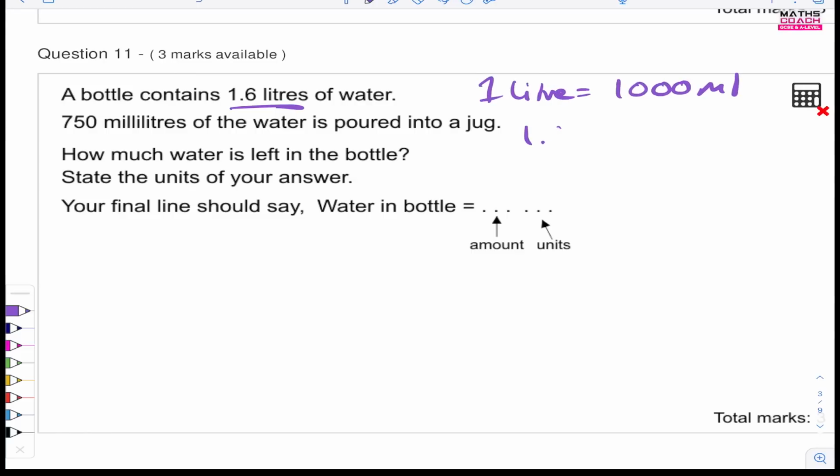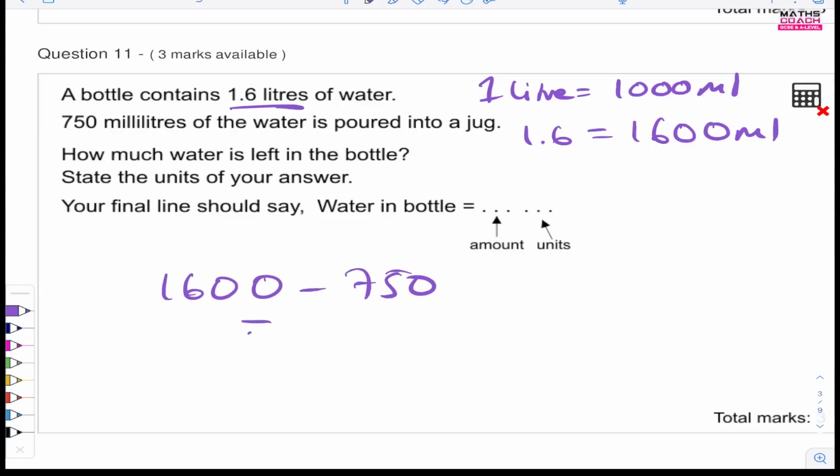So therefore, 1.6 liters is going to contain 1,600 milliliters. If you pour 750 milliliters of the water into a jug, how much do you have left? You've got 1,600 take away 750, that gives you 850 milliliters left. So 850 ml.